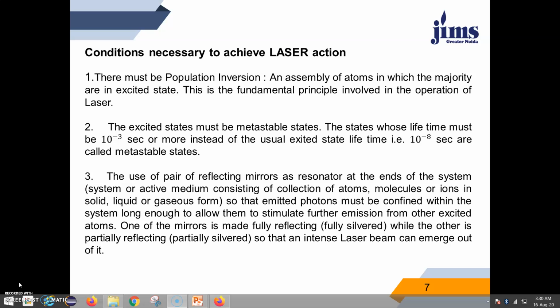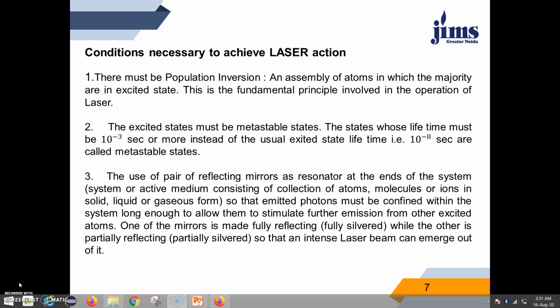So the three important conditions necessary to achieve laser action are: number 1, there must be population inversion. Second, the excited states must be metastable states. And third, we have to use a pair of reflecting mirrors as resonator.